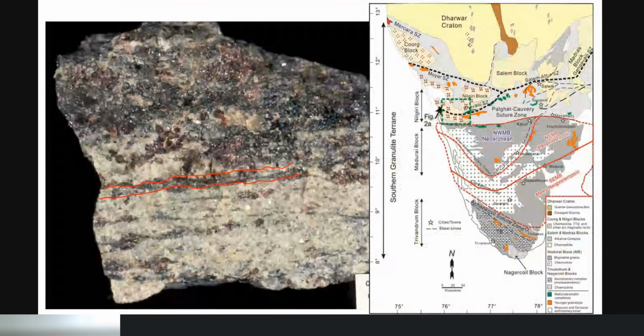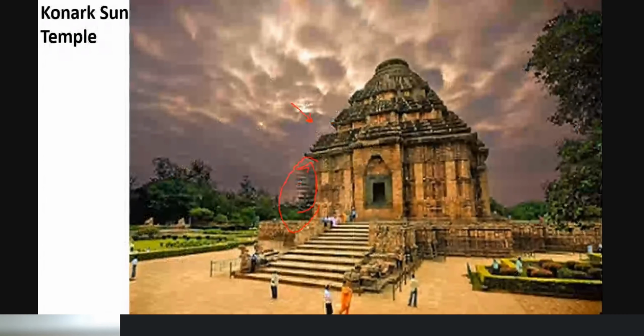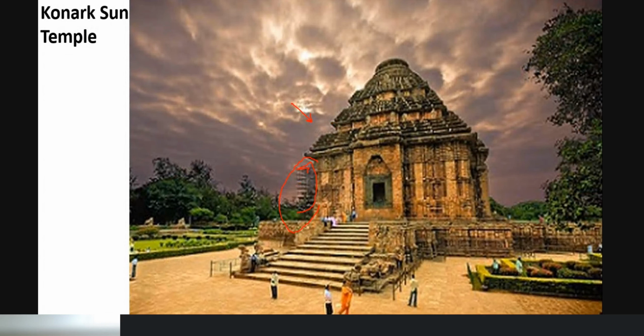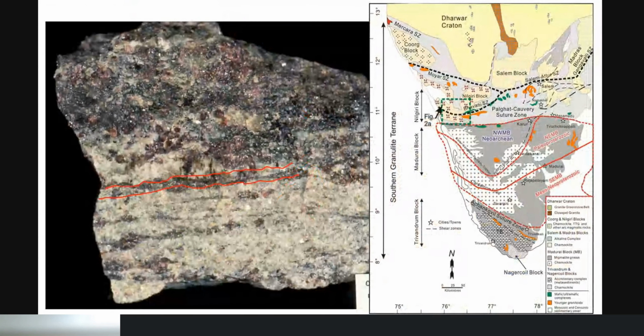How the stones were found, I will tell, and why some parts of Konark temple have been destroyed or are disintegrating, what is the reason behind it, I will discuss.